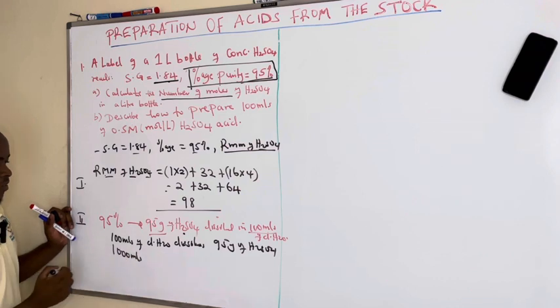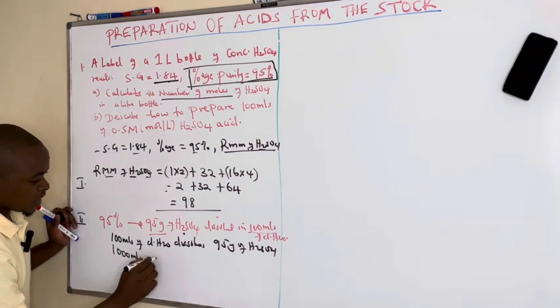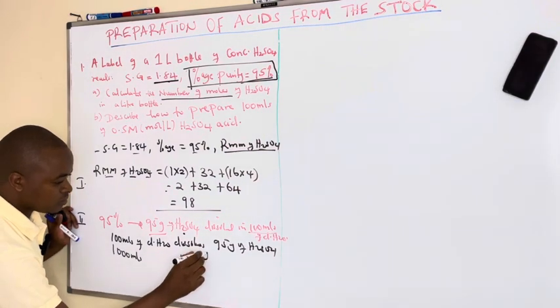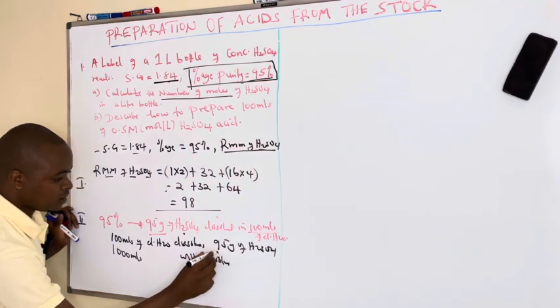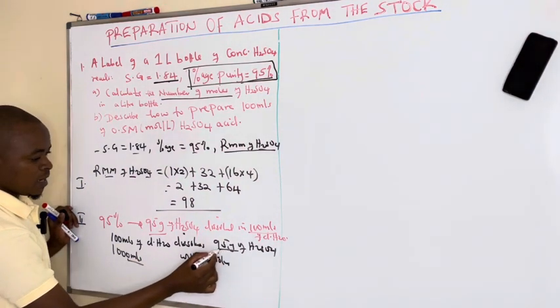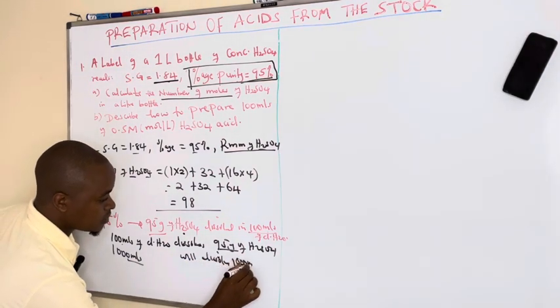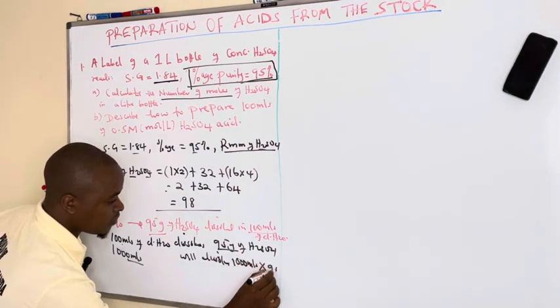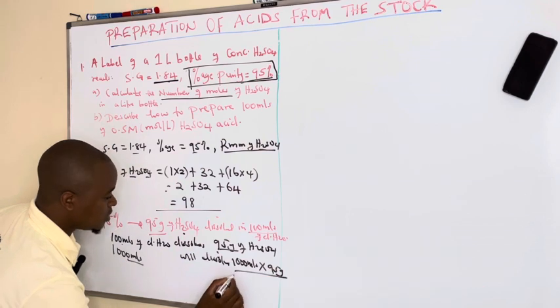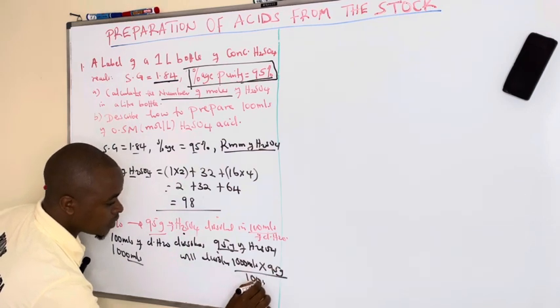In a liter, we cross multiply, whereby this one is multiplied by this, then we divide by this. You get 1,000 mls times 95 grams, divided by 100 mls.